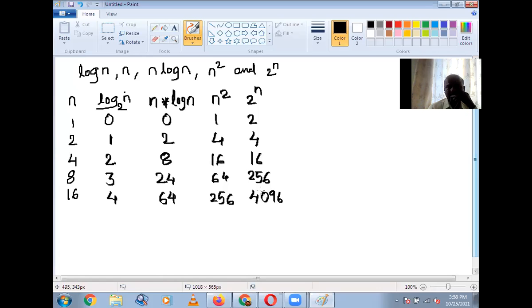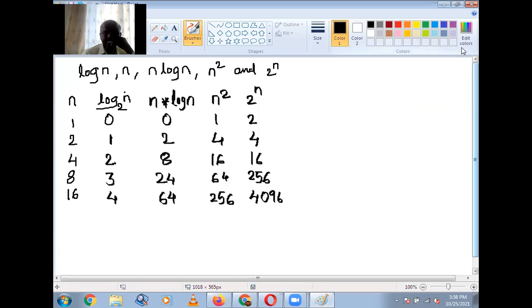Okay, here we should have to draw a graph of these functions with respect to n and f of n. This is n, and all f of n's are here.